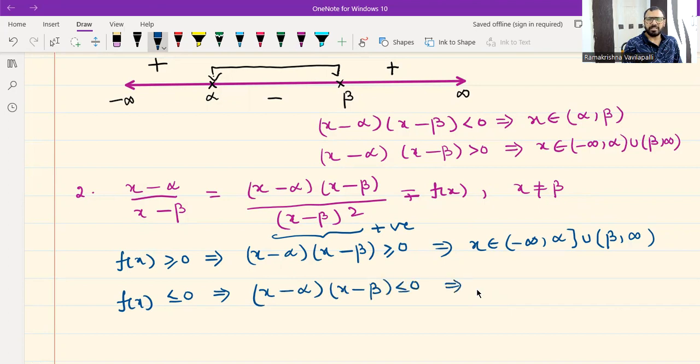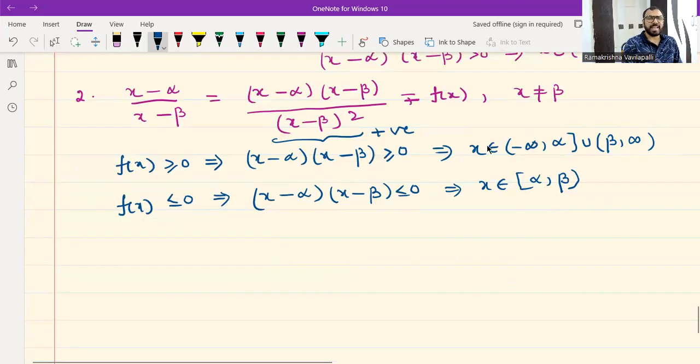Like this. So now x belongs to closed alpha and open beta. You must notice this small change when a ratio of functions, a ratio of expressions, is given. Let us take another example.